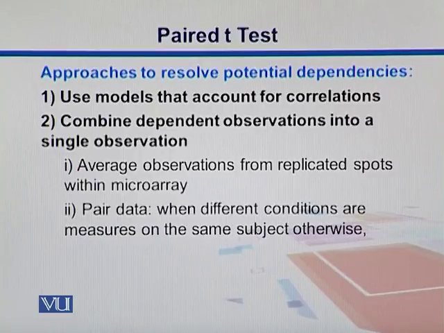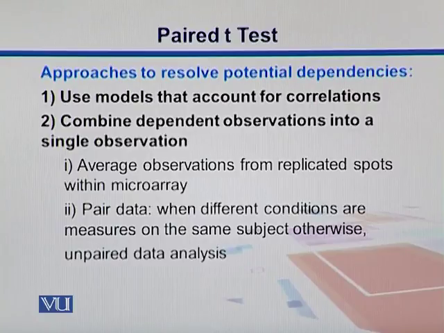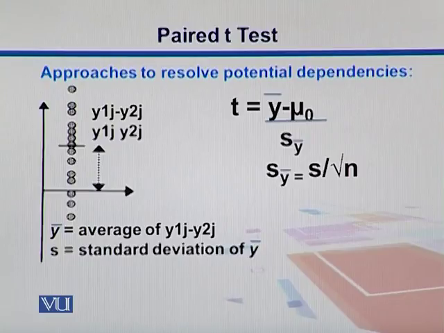Sometimes you have different conditions measured on the same subject; otherwise, if they are measured on different subjects, you can use unpaired data analysis. So here is the pictorial representation. Here you see only one distribution, and each individual data point represents the difference between two data points which are paired, coming from individuals who are correlated with one another.